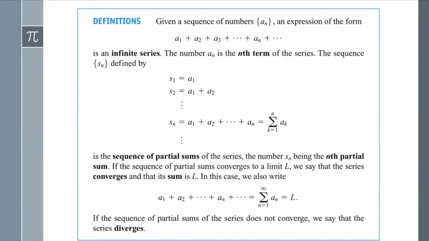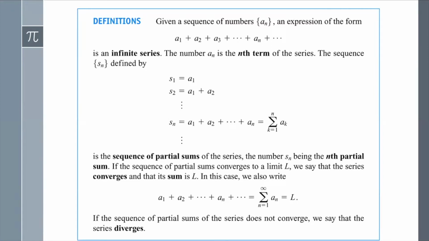The sequence s sub n, defined by s1 equals a1, s2 equals a1 plus a2, and in general, S sub n equals a1 plus a2 up to a sub n, is the sequence of partial sums of the series, the number S sub n being the nth partial sum.